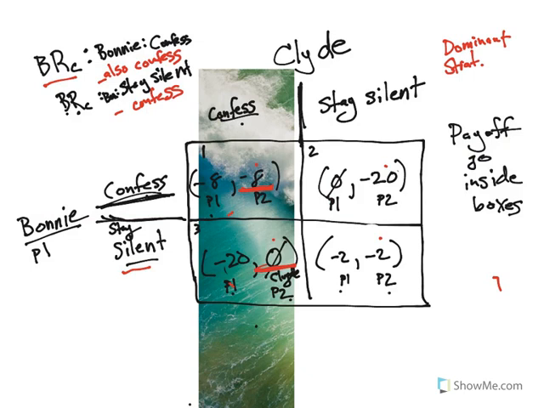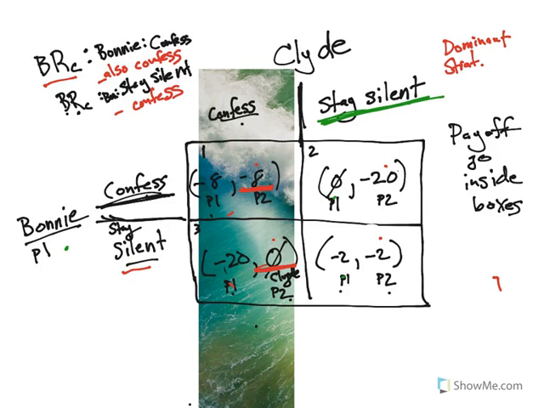So Bonnie's covered up confess here. We've covered up Clyde's strategy of confess here, because in this case we're going to say, well, what should Bonnie do if she knows that Clyde is going to stay silent? Remember, her payoffs are the first one in each of these columns. So what we're going to do is the same thing. We're going to underline the payoff that makes her the best off.